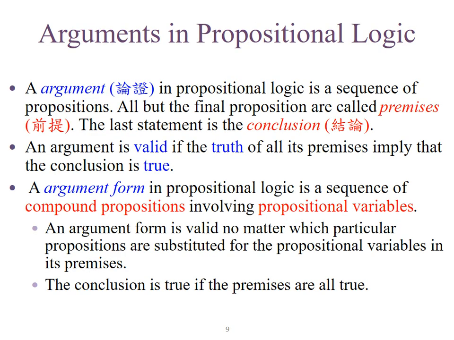Okay, next we have the following definition of argument form. Okay, so we can translate the propositions to different compound propositions or propositional variables. Then we call that argument form.